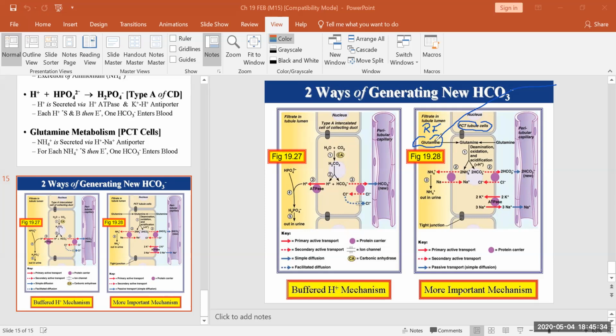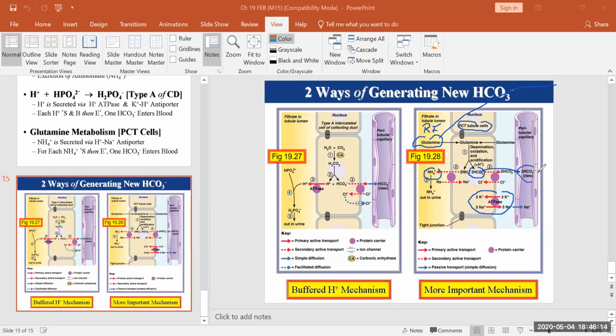As glutamine gets in, each glutamine will be used to produce 2 bicarbonate. Ammonium gets out and is excreted in the urine. Sodium gets in because of the sodium potassium ATPase. This drives sodium getting in, and ammonium gets a free ride being kicked out, and bicarbonate gets in.